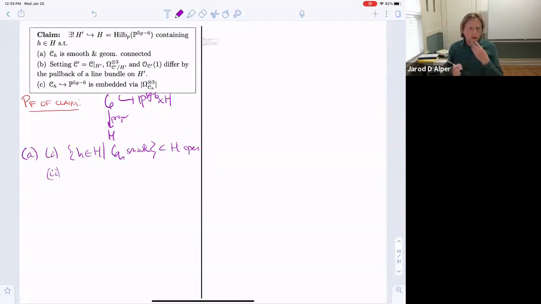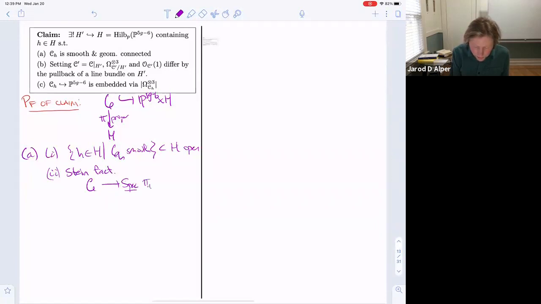Now geometric connectedness is a little trickier, but you can take the Stein factorization. Let this map be pi, to the relative spectrum of pi push forward of O_C, and this lives over H. This map has geometrically connected fibers.